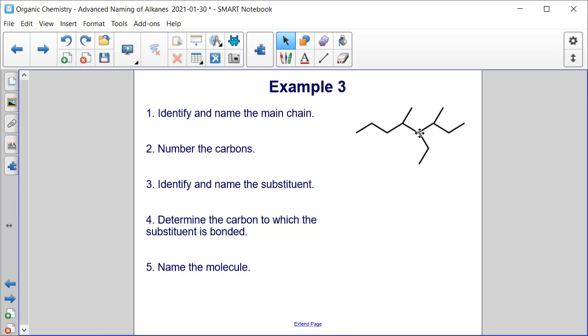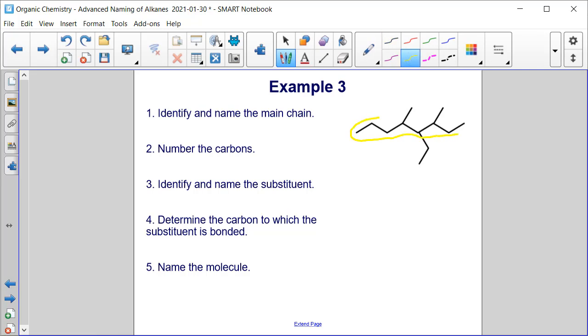Okay, if I go this way, I get 5, 6, 7. 1, 2, 3, 4, 5, 6, 7 this way. Or 1, 2, 3, 4, 5, 6, 7, 8. So that 8 chain length is the longest. So this is octane.